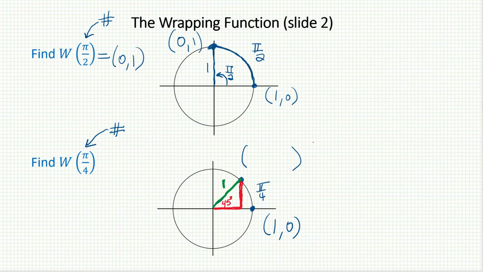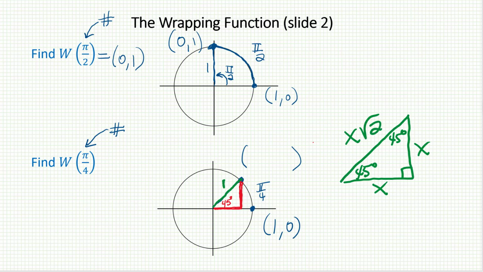That means this length, here's a radius length right here from the center to the edge. That length is 1. To fill in the other lengths, I'm going to have to rely on the generic 45, 45, 90 triangle. What we know about this triangle is that these two legs are the same, and the hypotenuse is always square root of 2 times as much as one of the legs. We usually use the easiest version of this, 1, 1, and square root of 2.